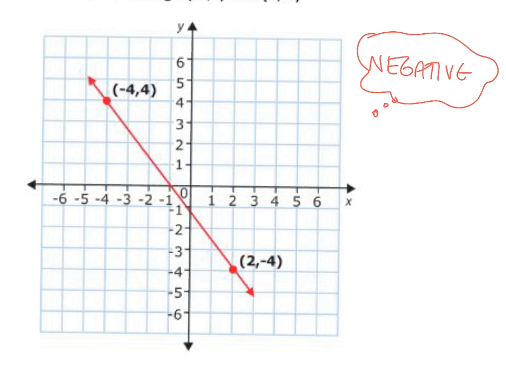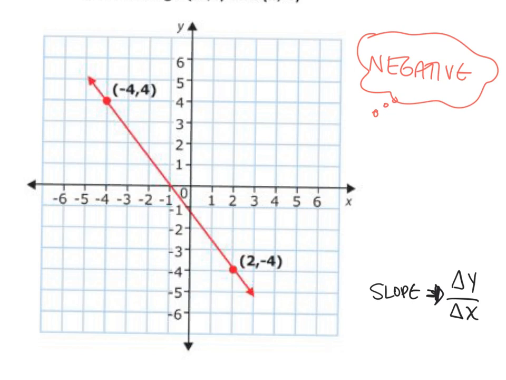Now, slope. What is the slope of a line? Do you remember? The change of the y-axis over the change of the x-axis. Fantastic. Slope is change of y over change of x.